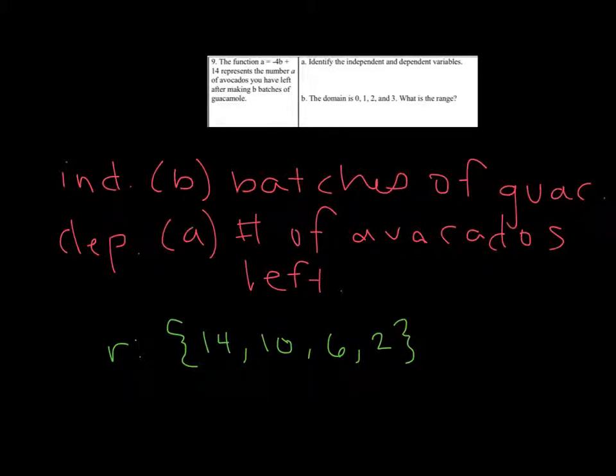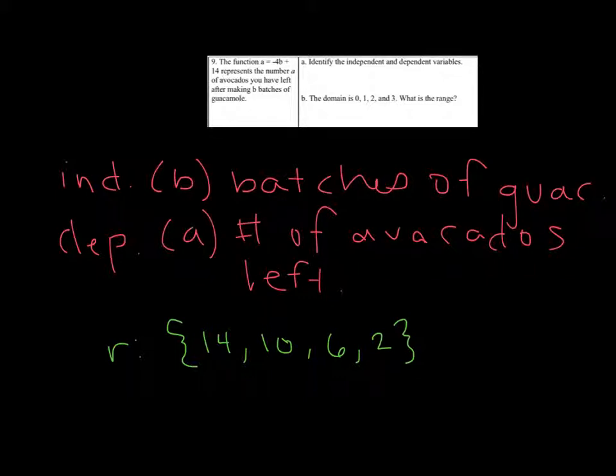You also should kind of have a hint because they're giving you the function, and if a equals negative 4b plus 14, the way all of our functions have been written so far, this variable has represented our dependent variable. Now, it won't always be that way, but that's the way they've been written today.